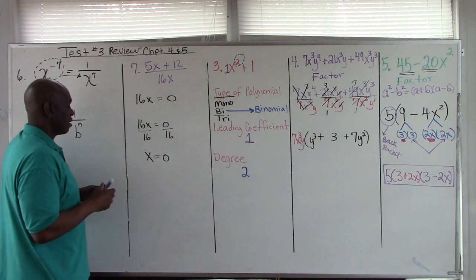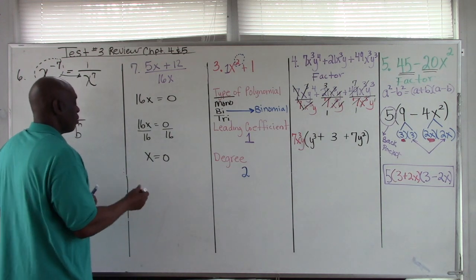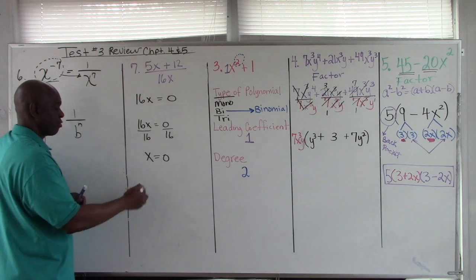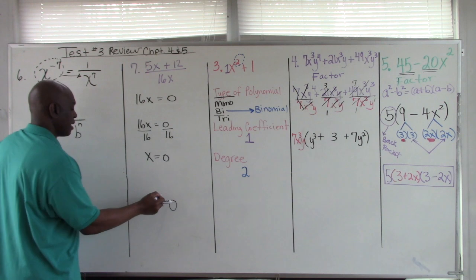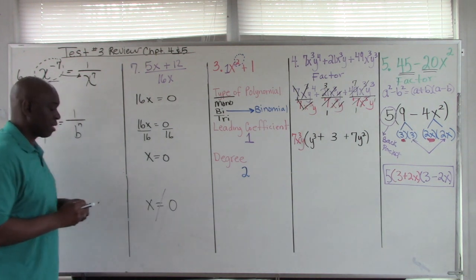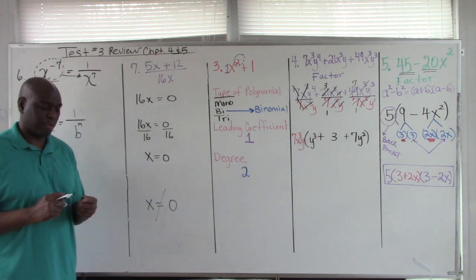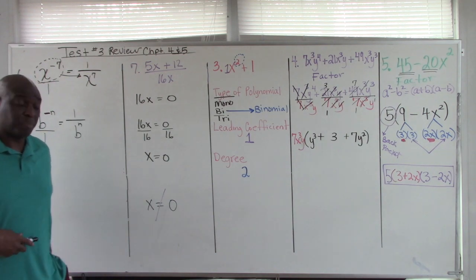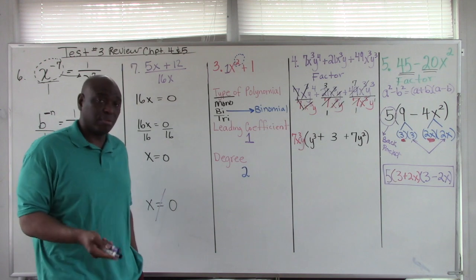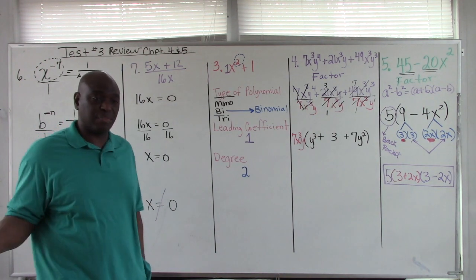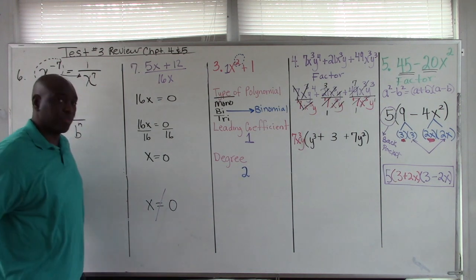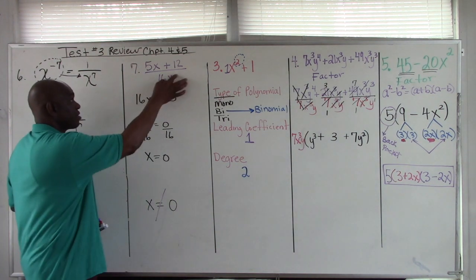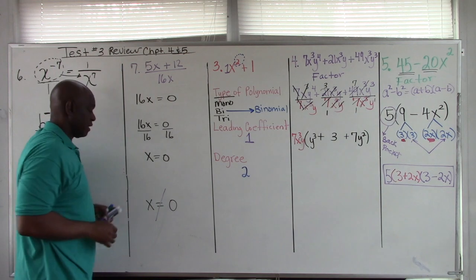Step 3, whatever you get right here, put the slash through it. Put the not equal sign through it. And there's your restriction right there. X can be any number in the world, from negative infinity to positive infinity, except 0, because 0 is what causes this denominator to be undefined.